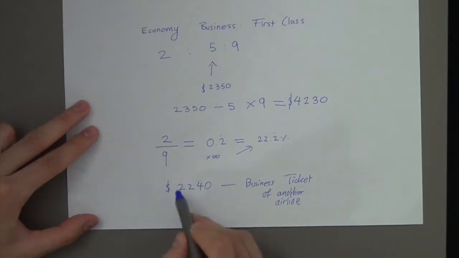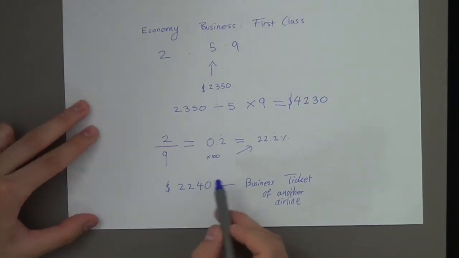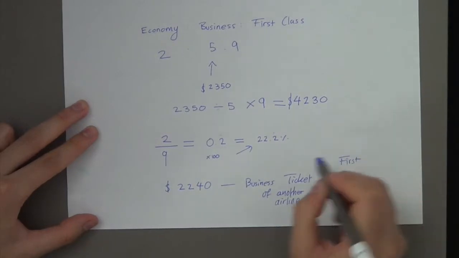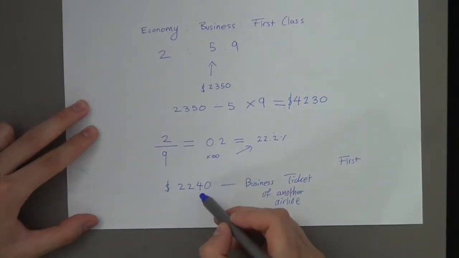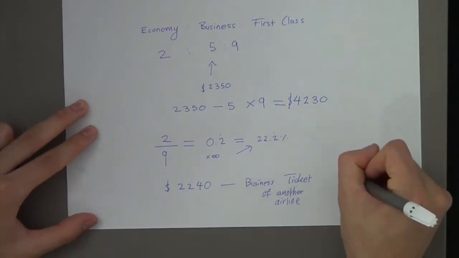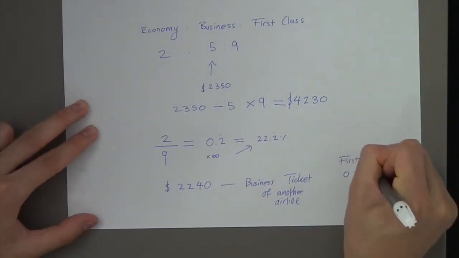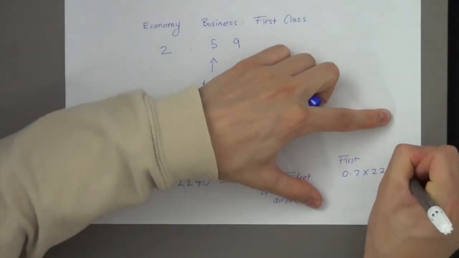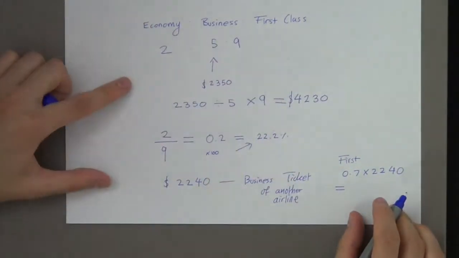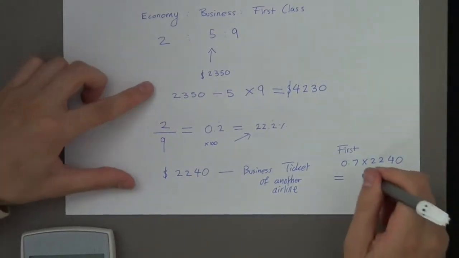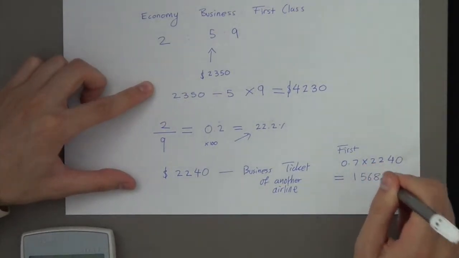So, if we know that this is the business ticket, okay, we know that the first class is going to be 70% more than this. Okay, so first of all we're going to do 0.7 times 2240. Okay, and that will give us $1,568.